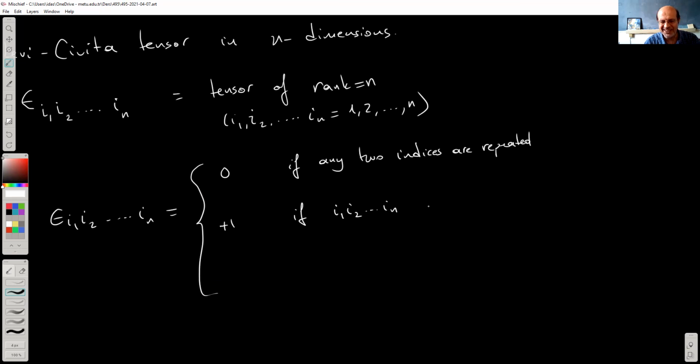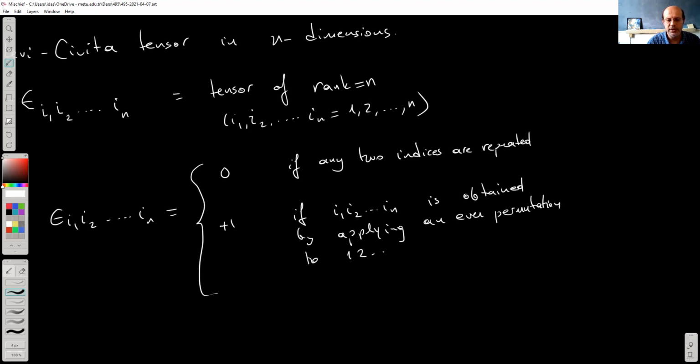Let me say it like this: it is +1 if the sequence is obtained by applying an even permutation to 1, dot, dot, dot, n.